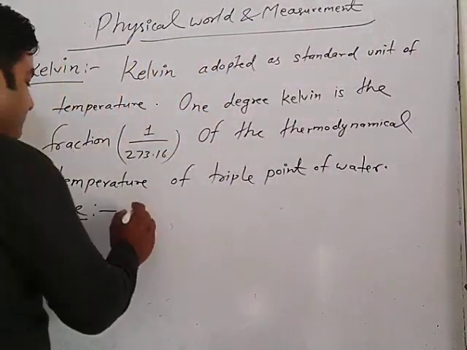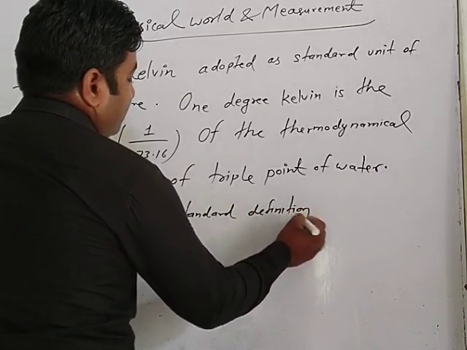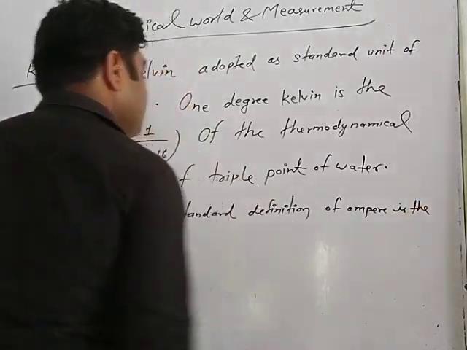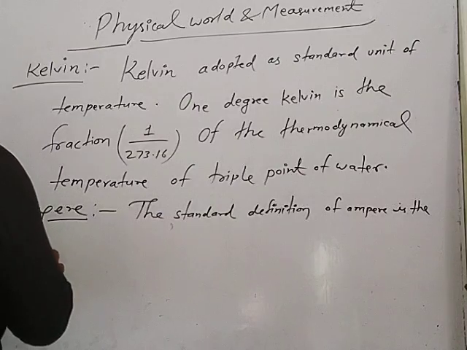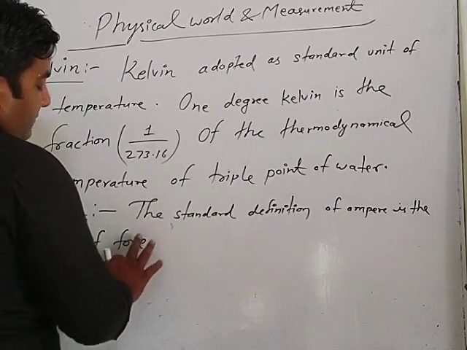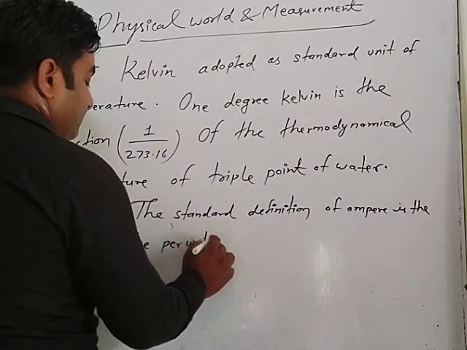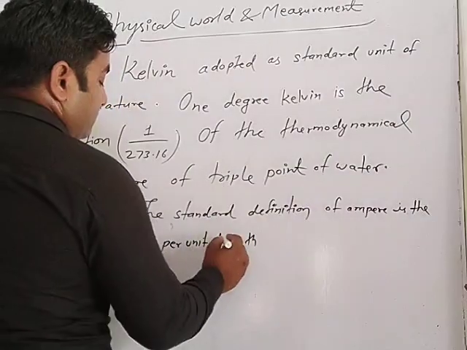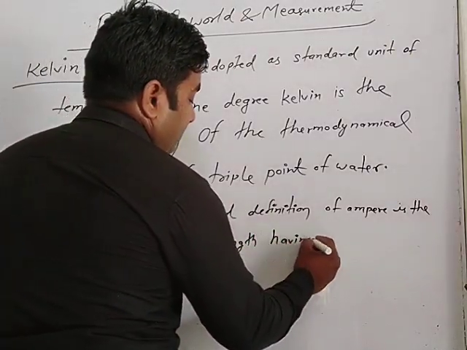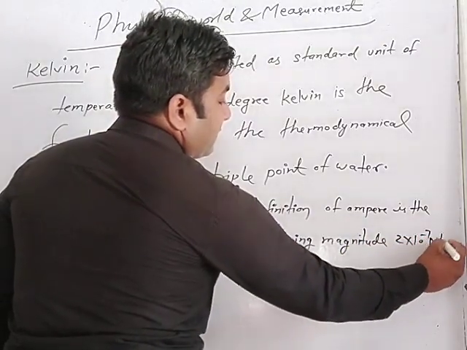The standard definition of ampere is the concept of force per unit length having magnitude 2 into 10 power minus 7 Newton per meter.